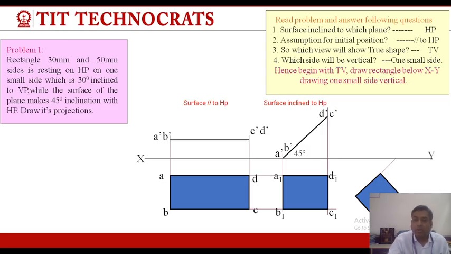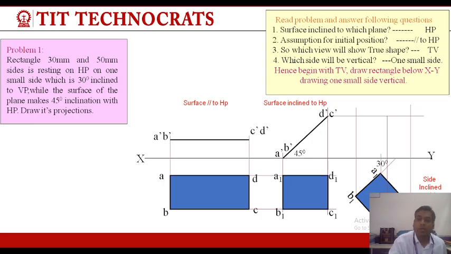For drawing the final front view, we will draw the projectors from all the points A1, B1, C1 and D1 and horizontal projectors from the front view, that is A', B', C' and D'.